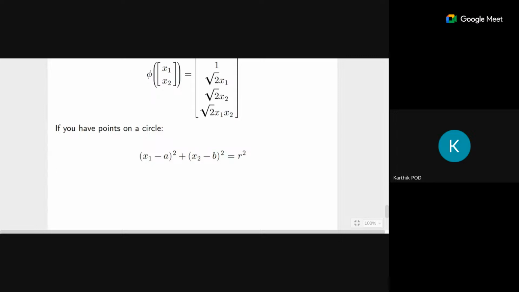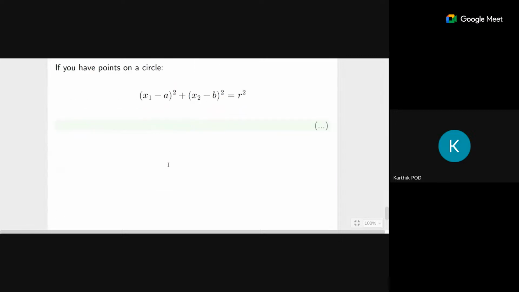So the circle will satisfy the equation: x1 square minus 2a x1, okay, we are expanding that, plus x2 square minus 2b x2 plus a square plus b square minus r square, right?